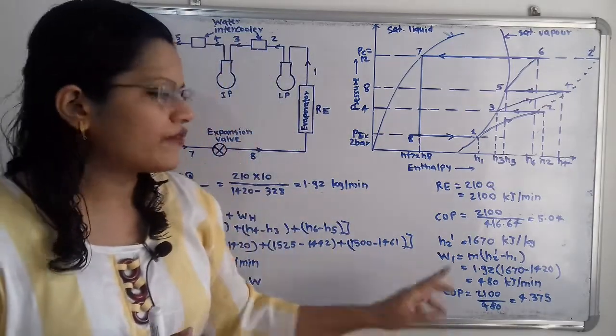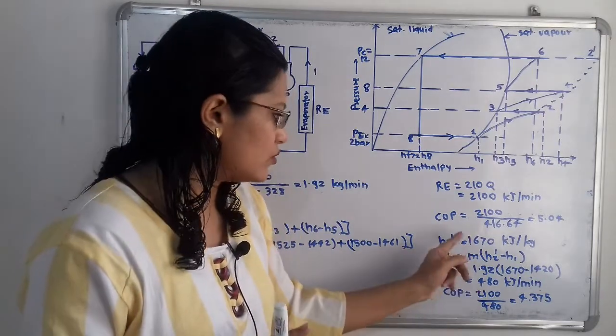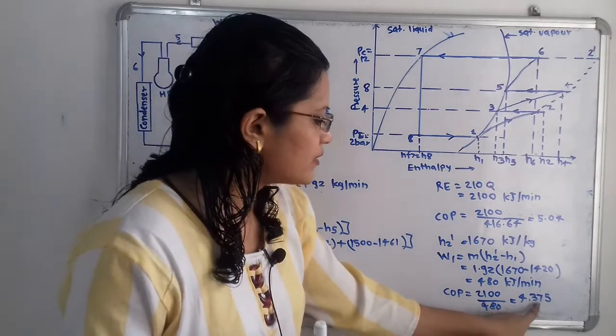The coefficient of performance is the refrigeration effect divided by W1, which gives 4.375.